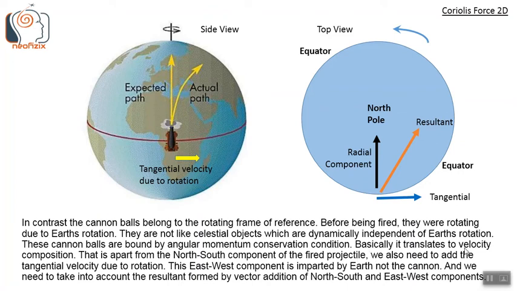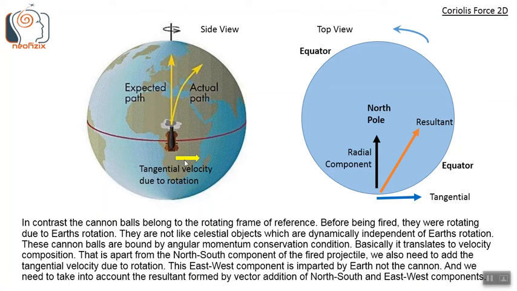So basically, this angular momentum conservation translates to velocity composition. These two are equivalent things. We can look at it like angular momentum conservation, or we can look at it as this addition of two different velocities. That is, if we are firing in the north-south direction, then apart from the north-south component of the fired projectile that comes from the cannon, we also need to add the tangential velocity due to rotation.